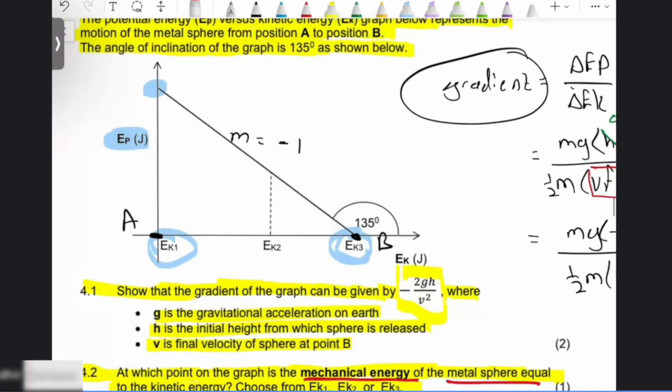The gradient of -1 comes from the angle here. The angle here is 135. What does that tell us? That tan of 135 is equal to the gradient, because that's the angle of inclination. If you put tan of 135 in your calculator, it gives you a gradient of -1.